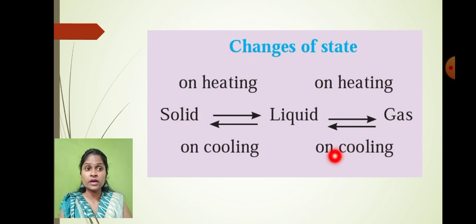If we cool down the gas, the gaseous state gets converted into the liquid state, and the liquid, after cooling down, gets converted into the solid state. So solid to liquid, liquid to gas, gas to liquid, and liquid to solid are the changes of state of the substances.